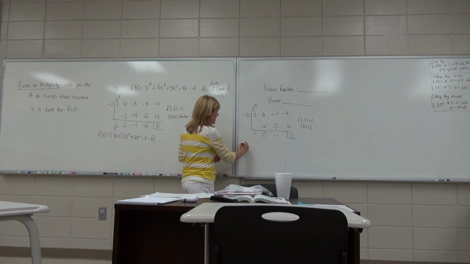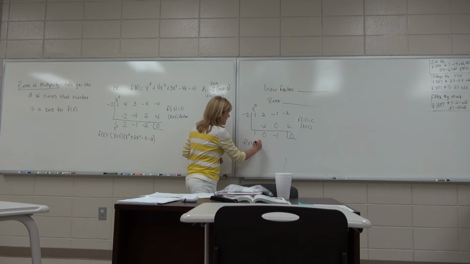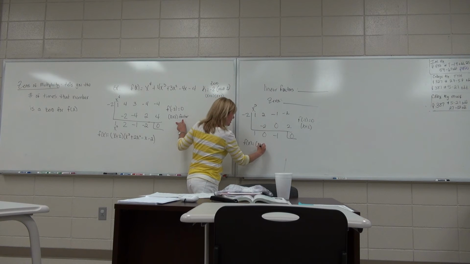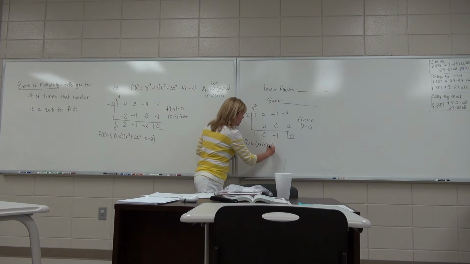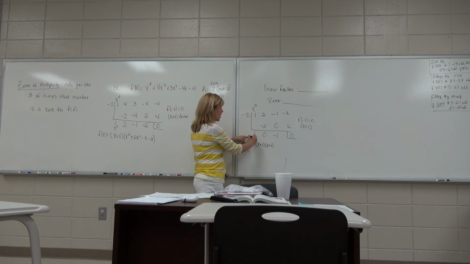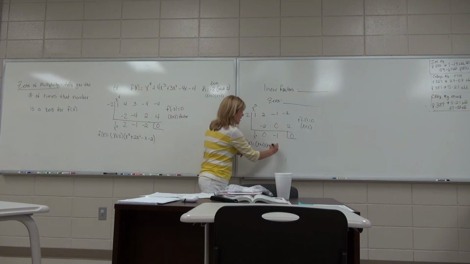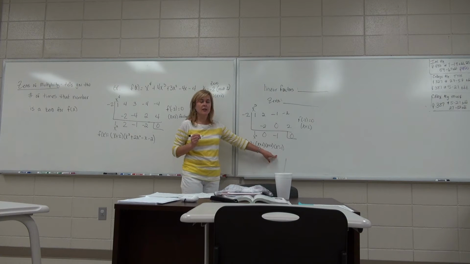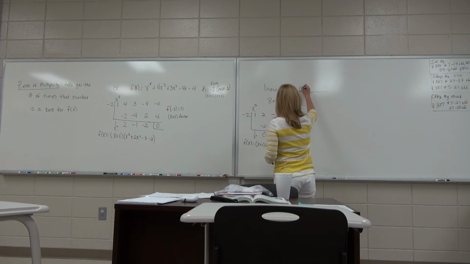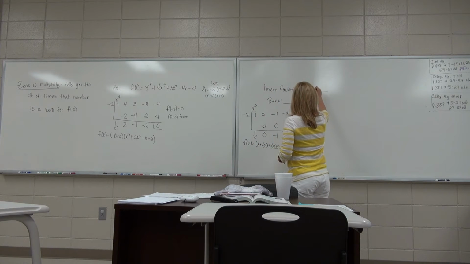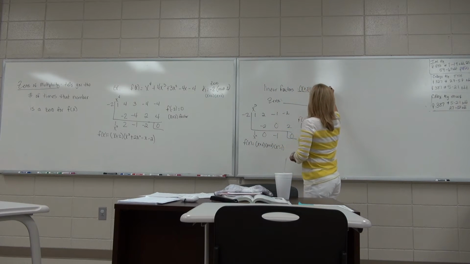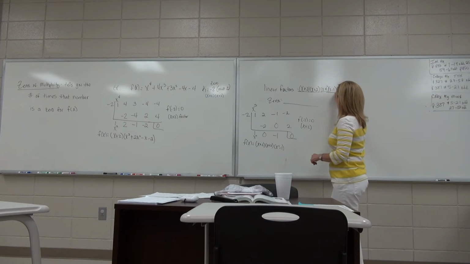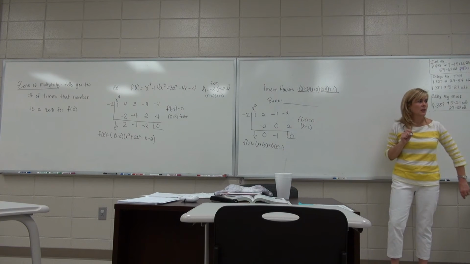So now I can say that my function f of x is equal to the x plus 2 factor we just found here. If that's an x cubed, that's the coefficient of x squared. So this is x squared minus 1, a quadratic that you know how to factor, right? How do you factor x squared minus 1? Difference of two perfect squares factors into x plus 1, x minus 1, right?